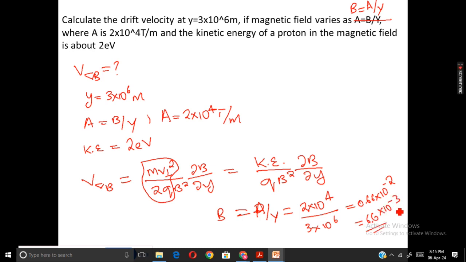So this is the equation of B, which will have a unit of Tesla.